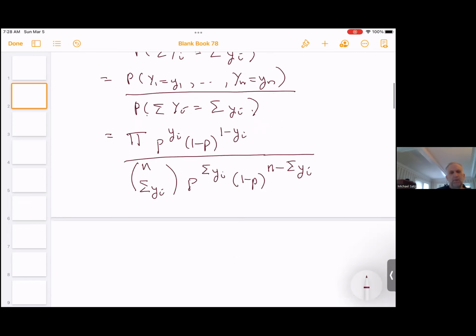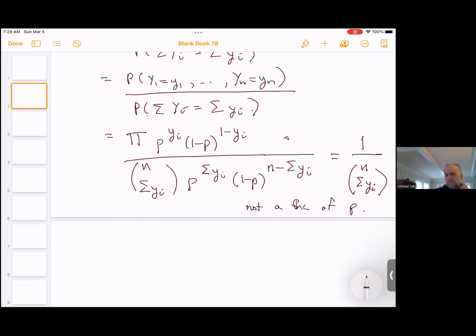Right, okay, and multiply. When I multiply the top out, I get these terms in the bottom, right? So the whole thing is just equal to 1 over n choose the sum of yi, which is not a function of p.